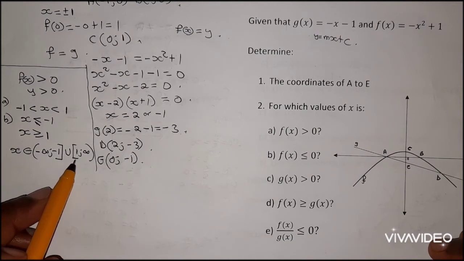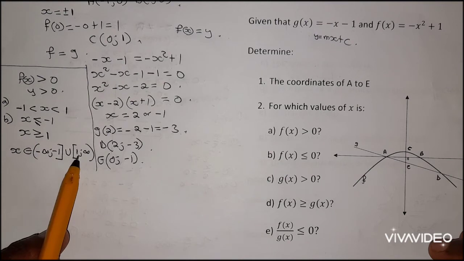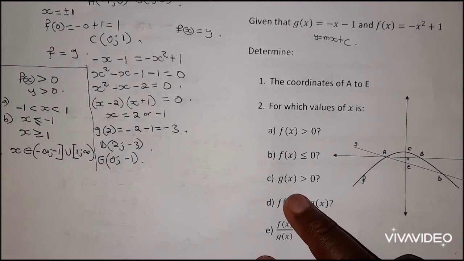These brackets with corners are telling us that -1 is also included or is equal to x, and also +1 is included or is equal to x. That is b.